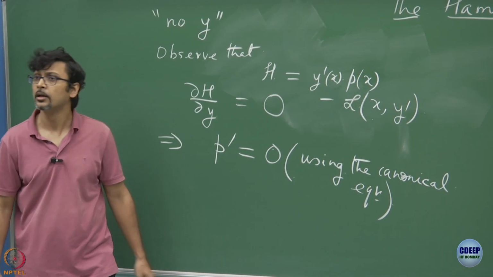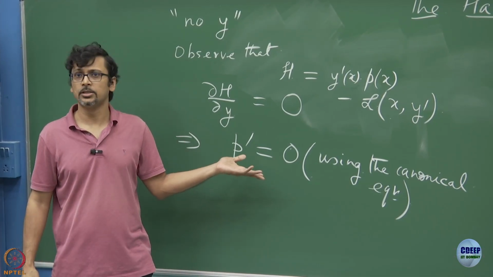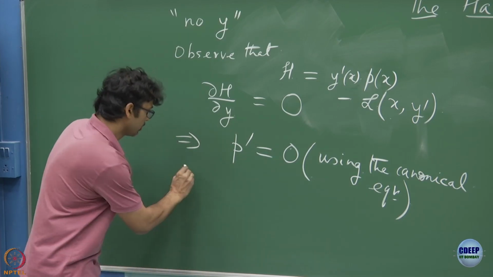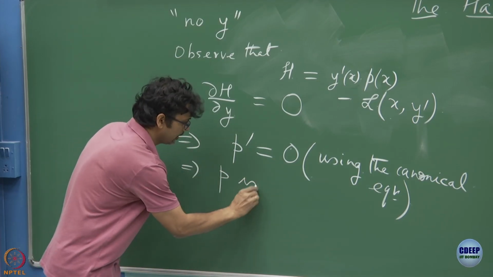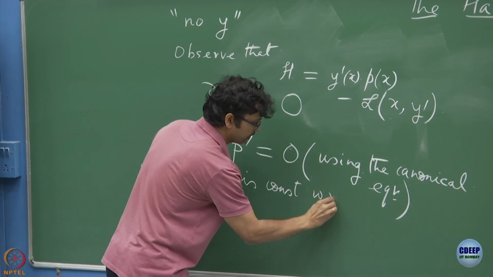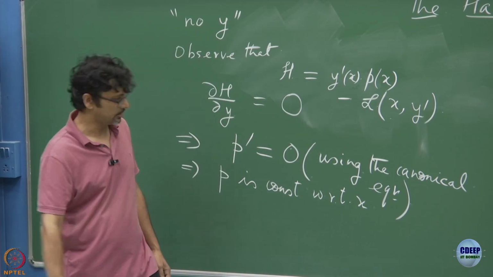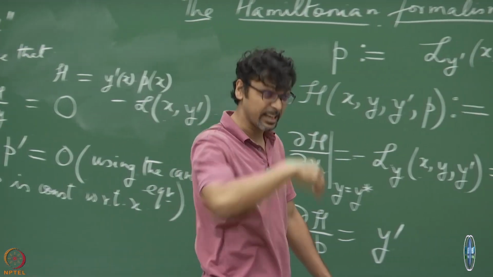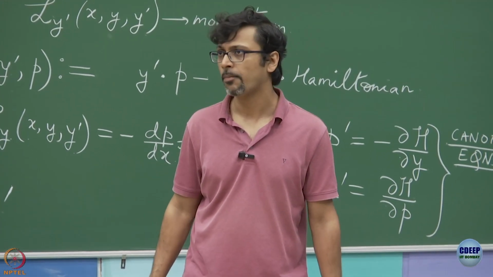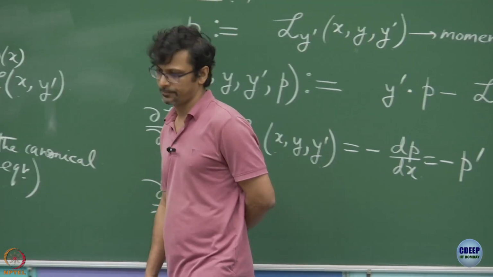Does this agree with what we had derived the other day, which is to say that the momentum is conserved or remains unchanged? Yes, so this means p is constant with respect to x. It's an invariant subject to your shifting of x. Yeah. Okay so far? So at least this agrees with what we have already seen the other day.